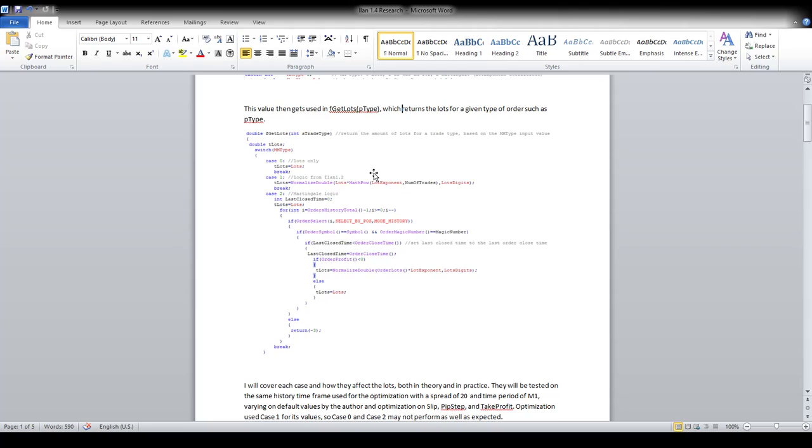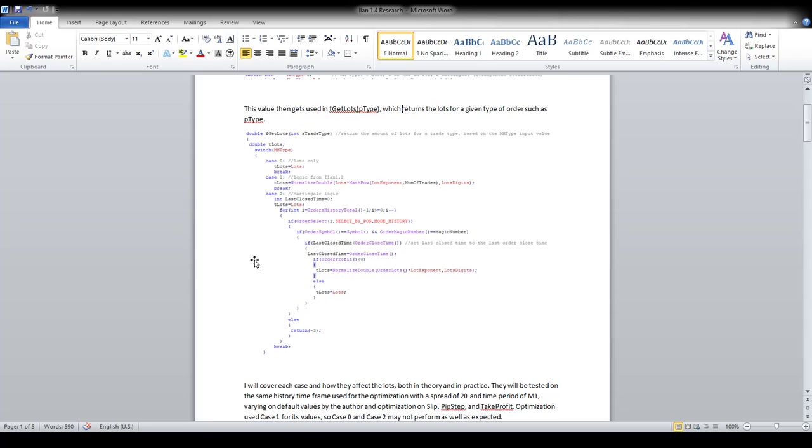Now for every order in the history, if it's an accurate order, if the symbol and magic number match, then if the last close time is less than the order close time of the current order being selected here, then last close time becomes that order close time, and if the order profit is less than 0, T lots then becomes the normalized double of order lots times lot exponent to lots digits amount. Else it becomes T lots equals lots, same as case 0.